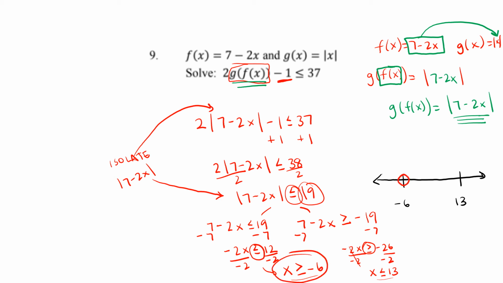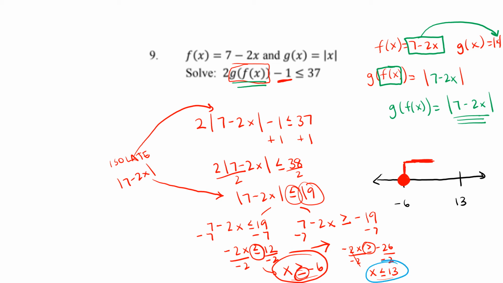We go to negative 6, so I'm going to start with an open point. We look, because it has that or equal to, we actually are going to fill in the point. Because it is a greater than negative 6, that means we're going to the right. So we go up to the right, and it looks like we're going to have one of our graphs that go up and in.